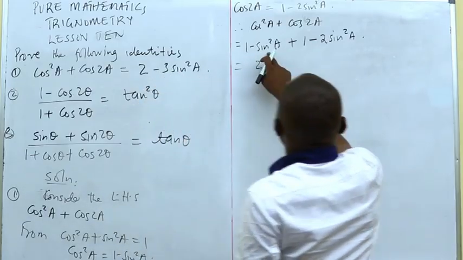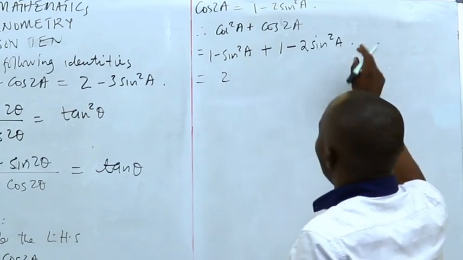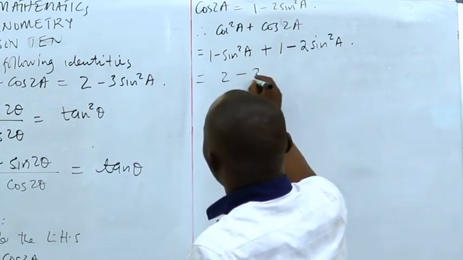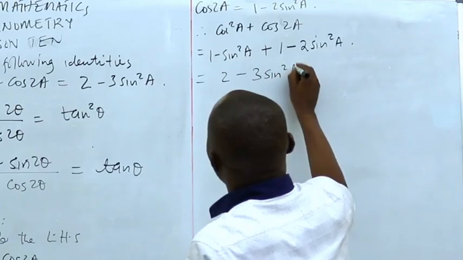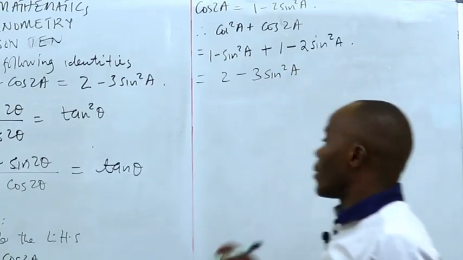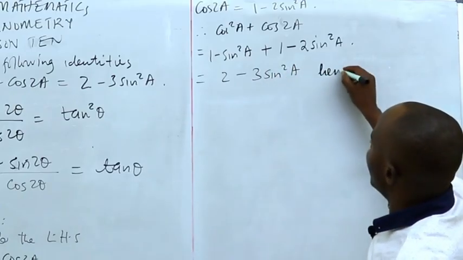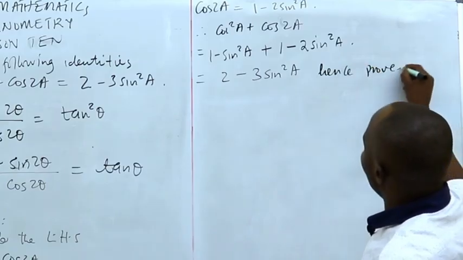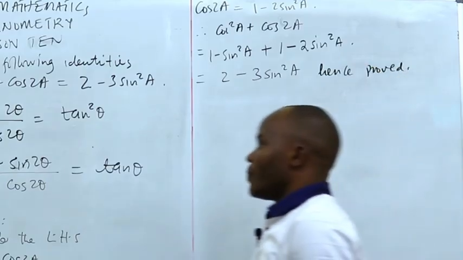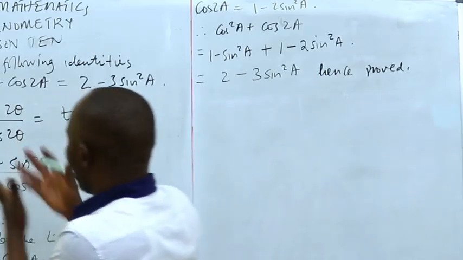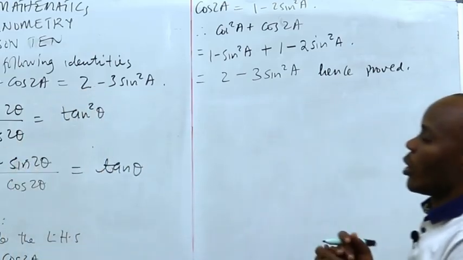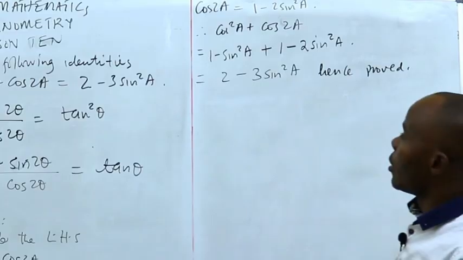Then negative sine squared minus 2 sine squared A gives you 3 sine squared A. Hence proved. So you can see how we are trying to prove using what we know.